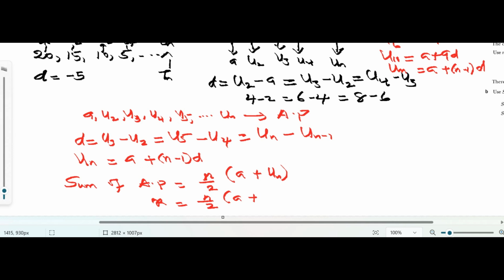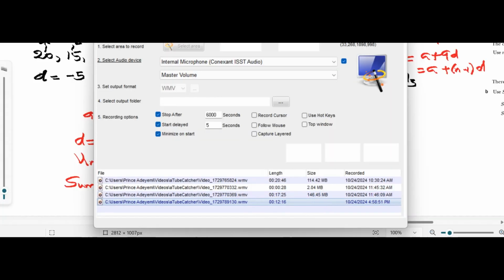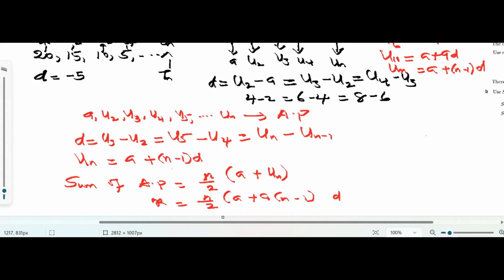Yes, so you have a plus n minus 1 d. I substituted for the nth term. We can see from here that this is the formula for the nth term, that is Un.